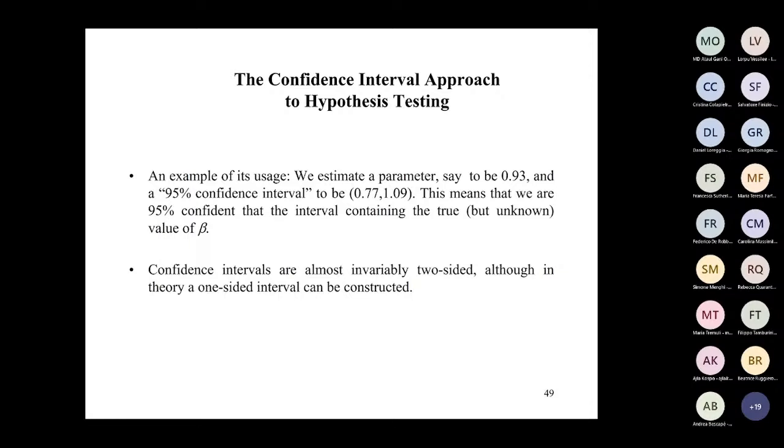For example, you estimate the coefficient, let's say 0.93, and the 95% confidence interval is 0.75 to 1.09. What does this imply? This means that we are 95% confident that the interval contains the true but unknown parameter beta.